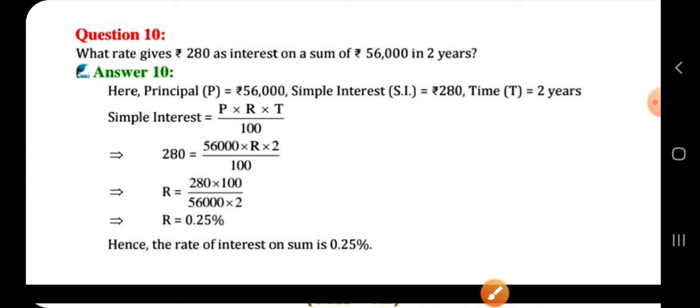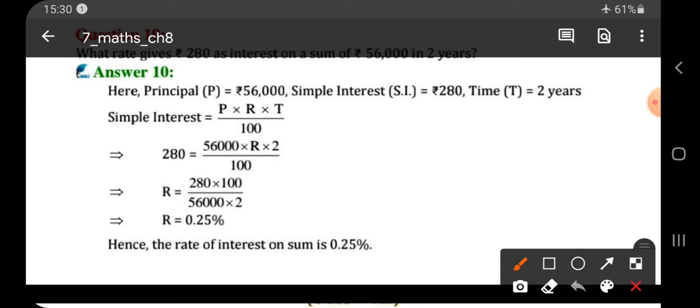You borrow money from someone or you give money to someone at the rate of some percentage, like 2%, 10%, 5%, for some period of time, 2 years, 3 years, 1 year, 6 months. When you give that money back to the owner, then you have to pay extra with that amount. This extra money is known as interest.